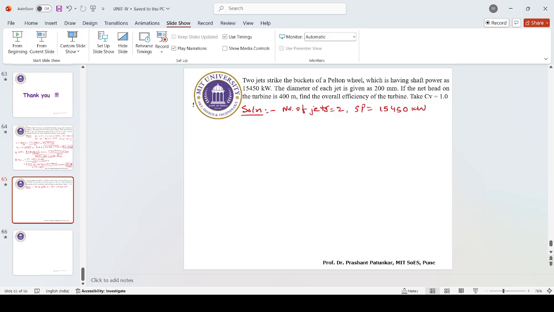Small d is the notation we use for representing the diameter of the jet. The diameter is 200 millimeter, so that is 0.2 meter. The net head is 400 meter.